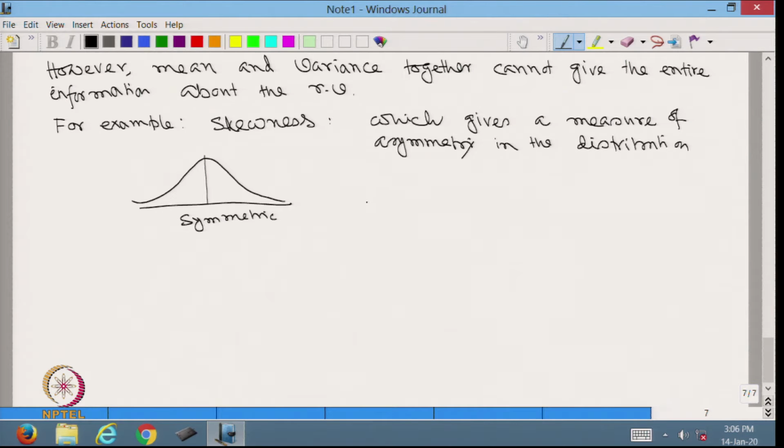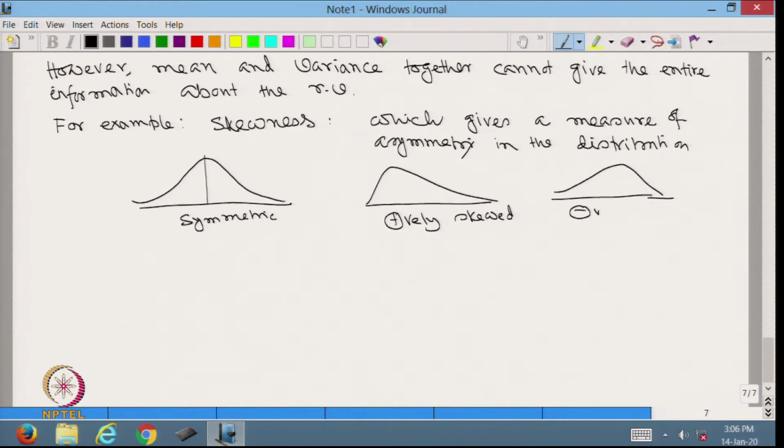On the other hand, a distribution of this form is called positively skewed and a distribution of this form is called negatively skewed.